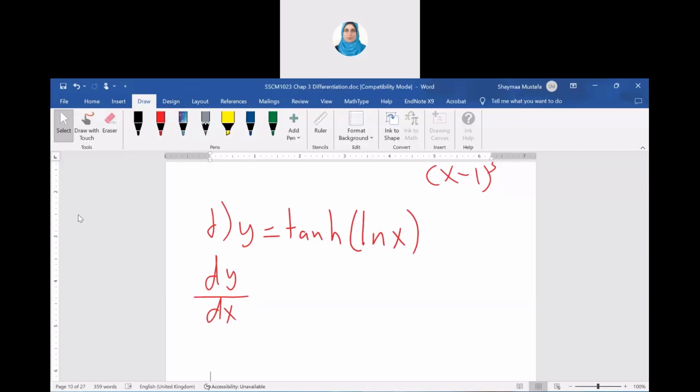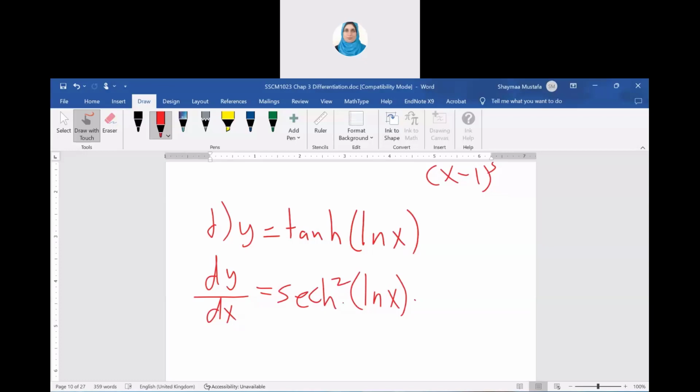I have to start from the outer function, which means from tan. The derivative for tan is sec square, with ln x kept inside the same. Now multiply by the derivative for the function inside.